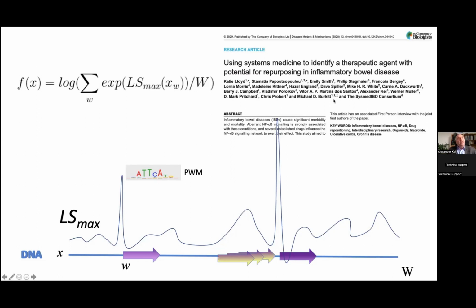I'm sorry. So, this is the formula for how we calculate it. I'm not going into many details of that formula. It's very simple. In each position of that promoter, for a given matrix, we can calculate the log score, and that log score is exponentiated first, and then summed up through the whole length of that promoter.